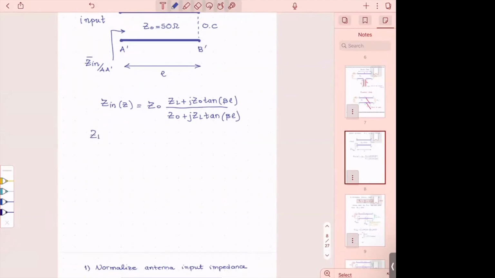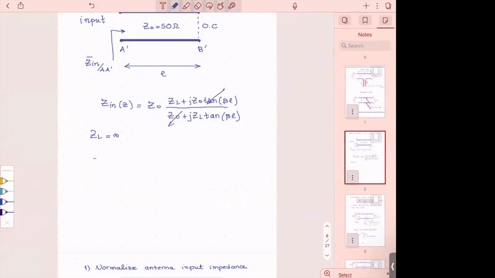In this one is open circuit, infinite. If it's infinite, this practically can be ignored, all right, because it's so small compared to ZL. And this one can be ignored.